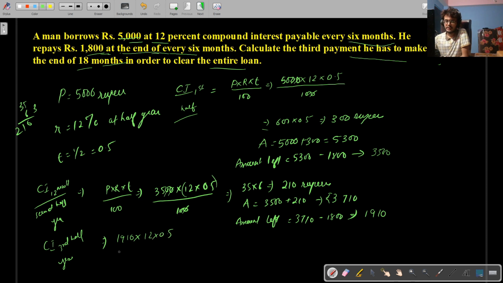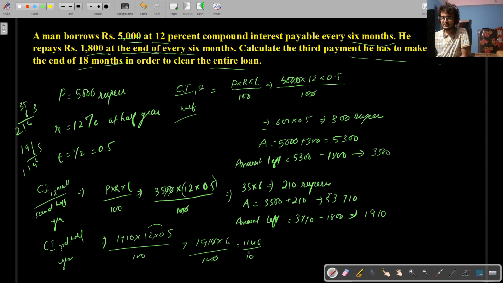time 0.5 again, divided by 100. So again multiply this, you get 1,910 into 12 into 0.5, which is 6, divided by 100. So cut the 0 off, so 191 into 6. 6 9s are 54, 6 1s are 6, 5 plus 6 is 11, 1146, divided by 10.